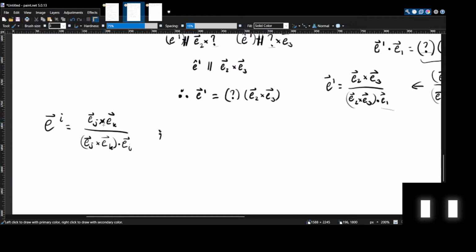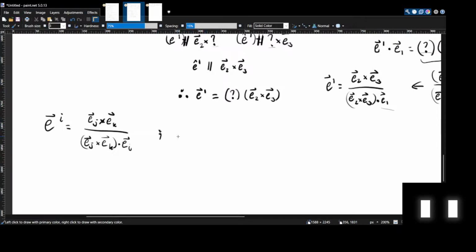I, j, k must be sequential, which means if I is 1, j must be 2 and k must be 3. If I is 2, j must be 3, k must be 1. It's a cyclic permutation. And if I is equal to 3, j must be 1, k must be 2. So it would be like 1, 2, 3, 1, 2, 3, 1, 2, 3. There's nothing out of order.